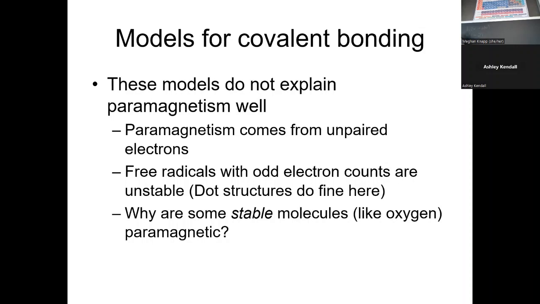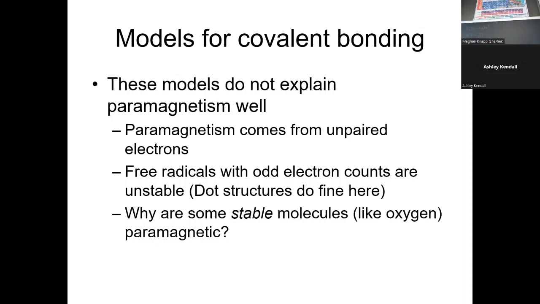Now, we have seen one source of unpaired electrons before. We said that exceptions to the octet rule are electron deficiency, hypervalency, and what was the third one? Free radical. That's when we have an odd number of electrons. And that works fine for dot structures. We show up with an odd number of electrons, we say, hey, it's unpaired, it's paramagnetic, not a problem.